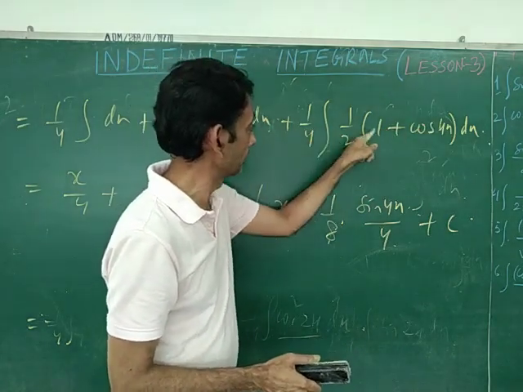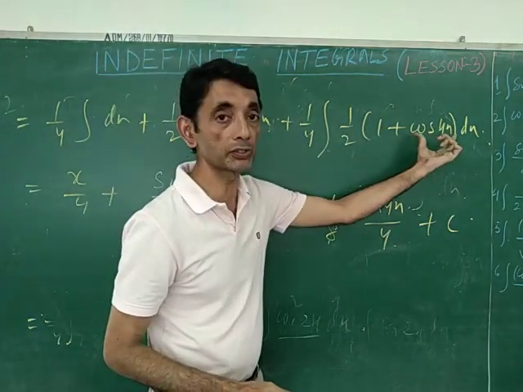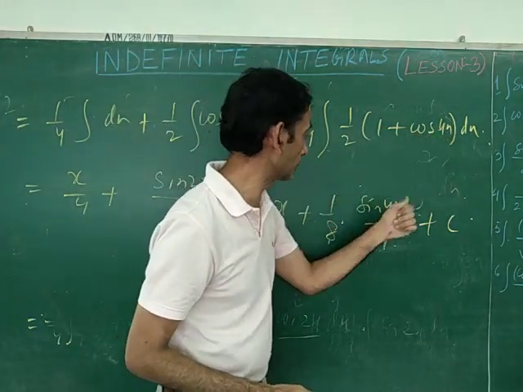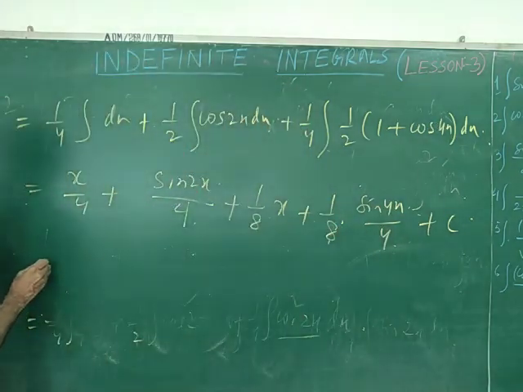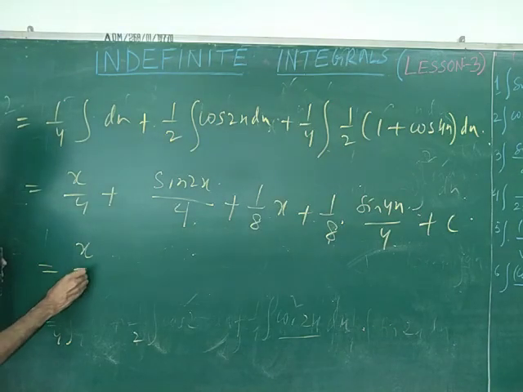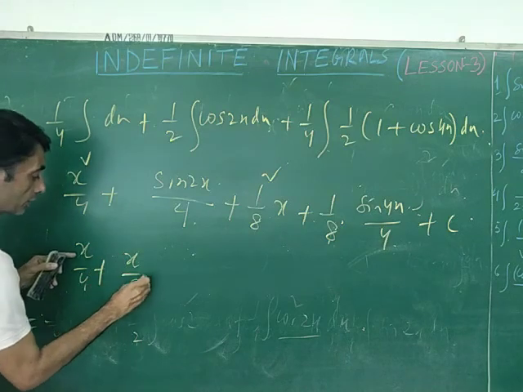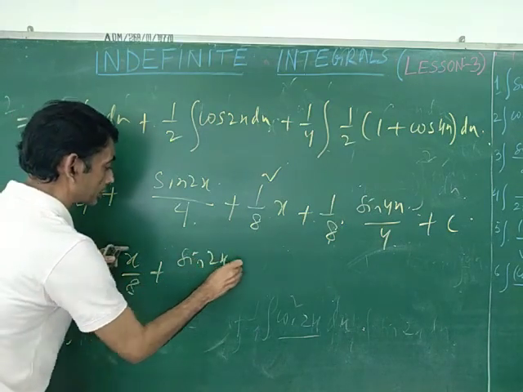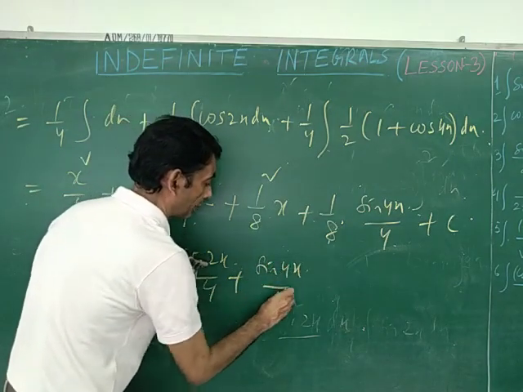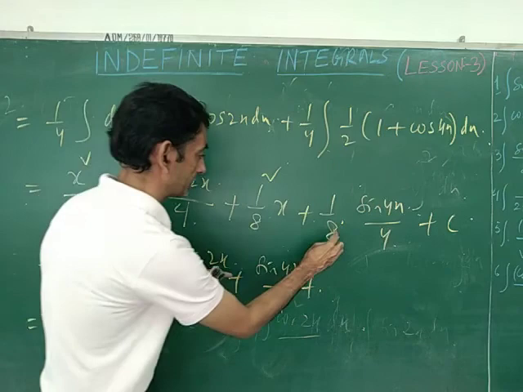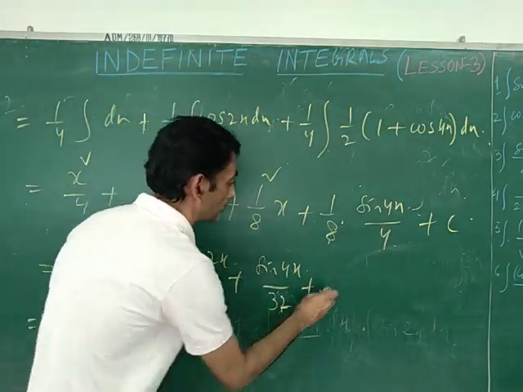So 1 by 8 into integration of dx gives you x by 8, and the second term, if you integrate, will give you sine 4x by 4 multiplied by 1 by 8, plus c. So now let's combine these terms: x by 4 plus x by 8 plus sine twice x by 4 plus sine 4x by 4 into 8, which is 32, plus c.